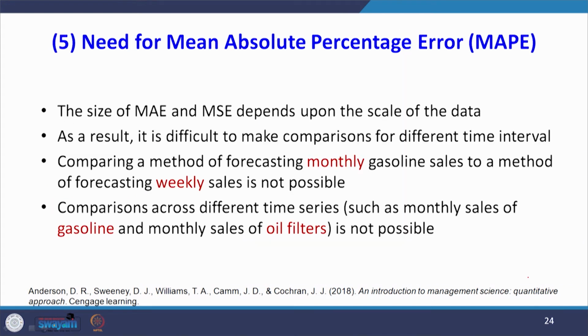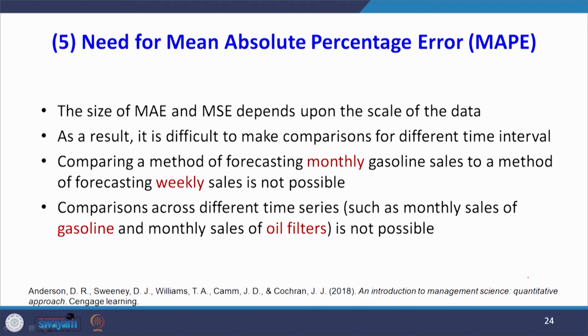The size of mean absolute error and mean squared error depends upon the scale of the data. Now, I am going to introduce another measure of forecasting accuracy, called mean absolute percentage error. Before that, I will explain why this measure is required.